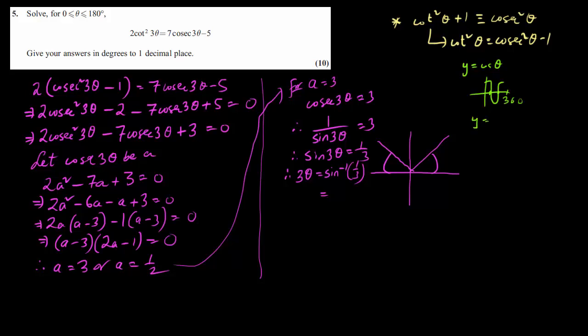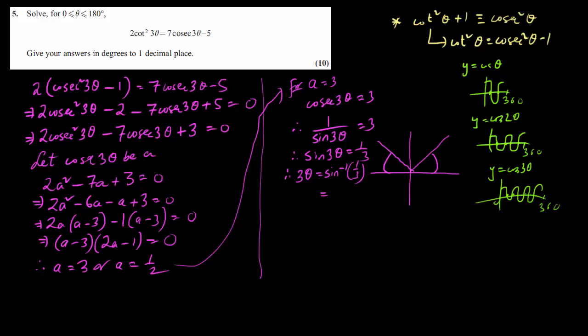But if you write y equals cos 2 theta, visually it would cut at 4 places because it is repeated. And if it is y equals cos 3 theta, it would cut 6 times from 0 to 360 degrees.